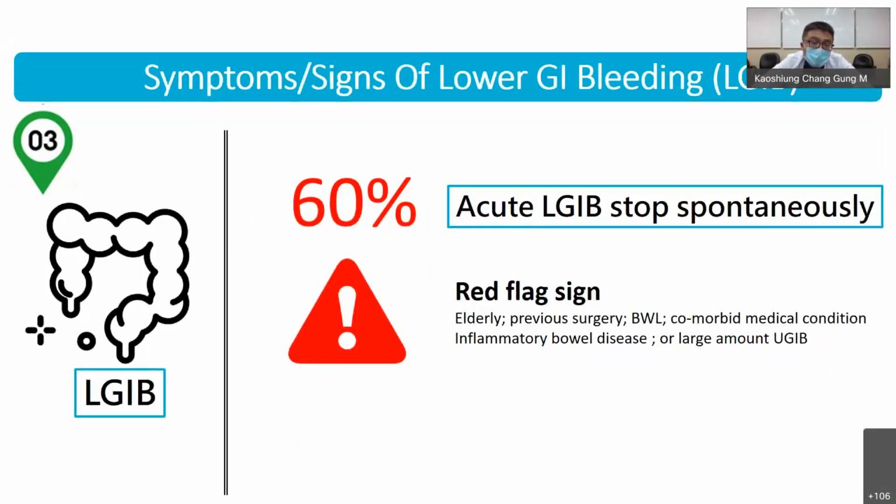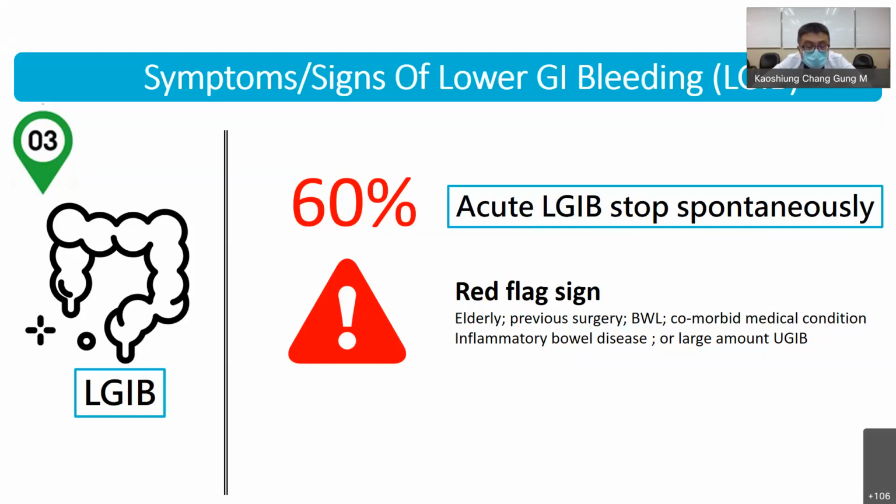Unlike upper gastrointestinal bleeding, almost more than 80% of patients with low GI bleeding will stop spontaneously. Okay, that means maybe not high risk patients, but you need to consider patients.